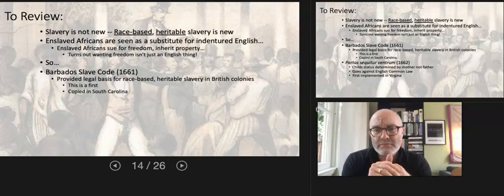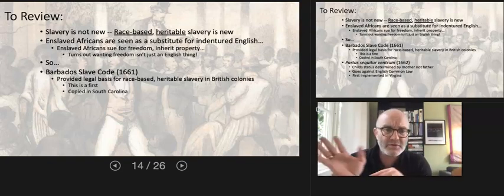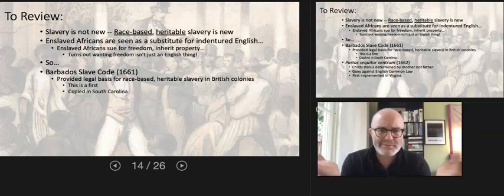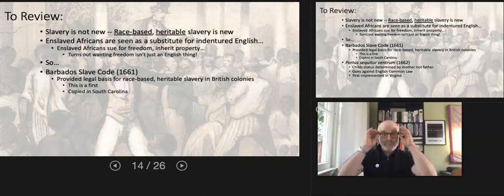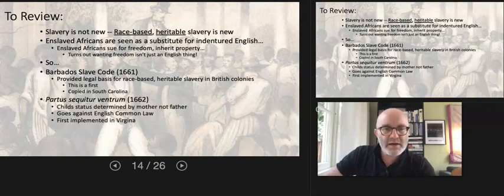This is a first for race-based slavery. It was basically exported whole cloth to South Carolina, because South Carolina is like Barbados on the mainland. Barbados is a small island. People start to move off. White people bring slave laborers with them. They bring the laws with them.